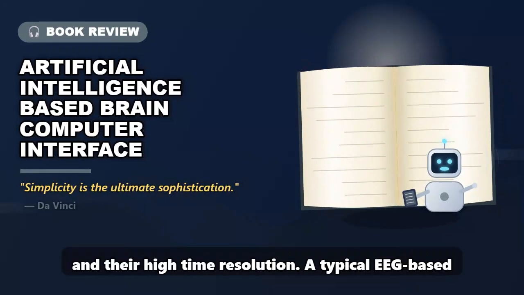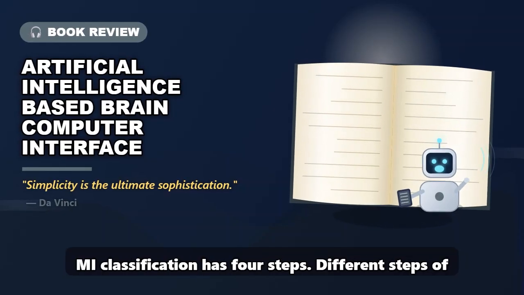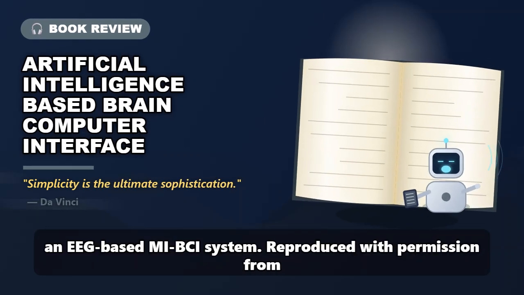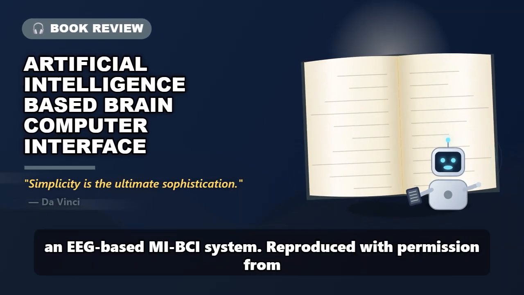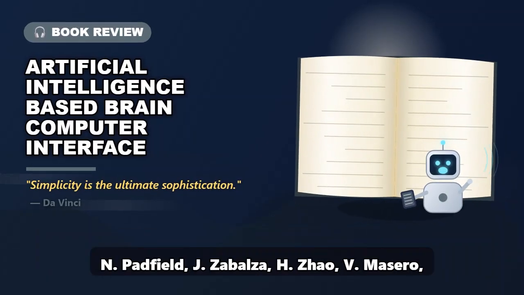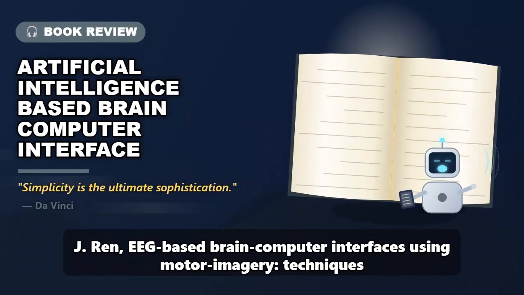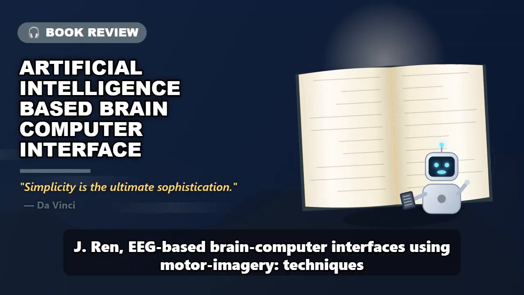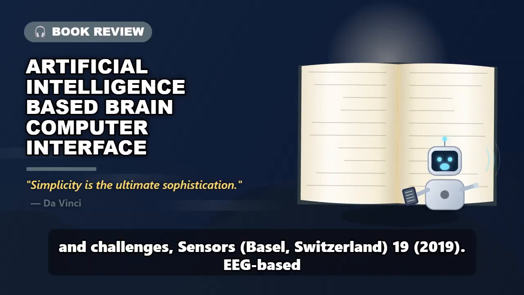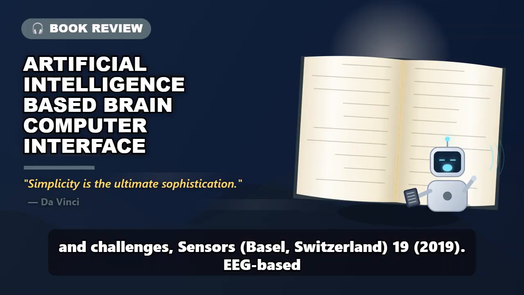A typical EEG-based MI classification has 4 steps. Different steps of an EEG-based MI-BCI system. Reproduced with permission from N. Padfield, J. Zabalza, H. Zhao, V. Masero, J. Ren, EEG-based brain-computer interfaces using motor imagery: techniques and challenges, Sensors, Basel, Switzerland, 2019.